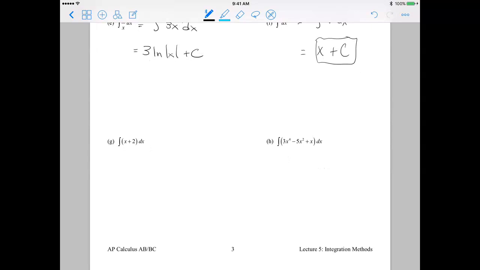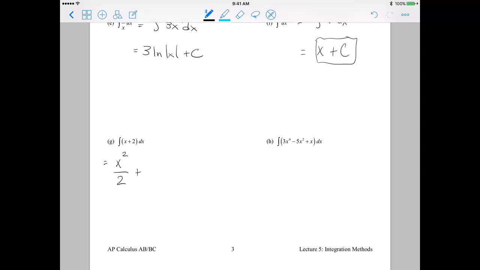Okay, G and H are integrals of a sum or a product. This is really not any different than what we've done in the first couple of examples. We're just going to take the antiderivative one term at a time. Okay, so for example G, we have the integral of x first, and so that's going to be x to the second power divided by 2. So increase the exponent by 1 and divide by the new exponent.